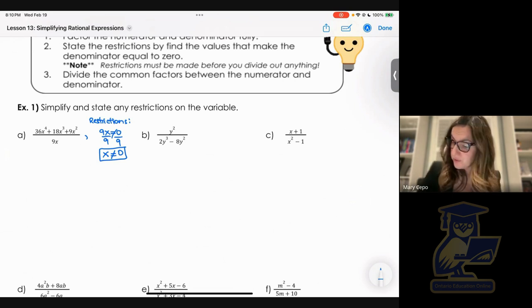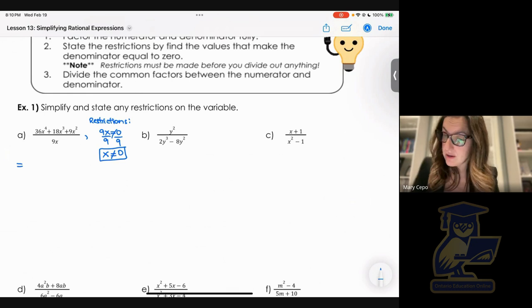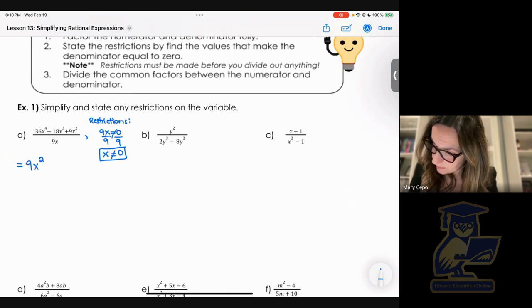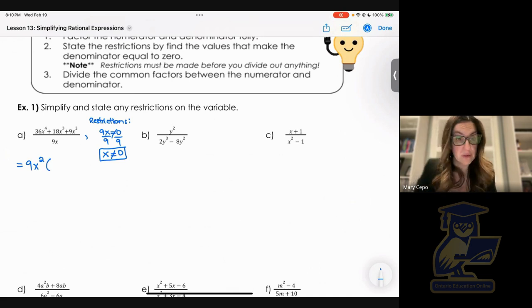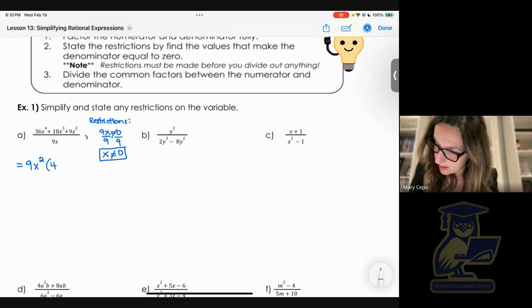Okay, so now let's try to factor. Looking at the numerator, we look for a common factor amongst all the terms in that polynomial. It looks like 9x squared would be a common factor. So we divide all of the terms by 9x squared, and we're left with 4x squared plus 2x plus 1, all over 9x.